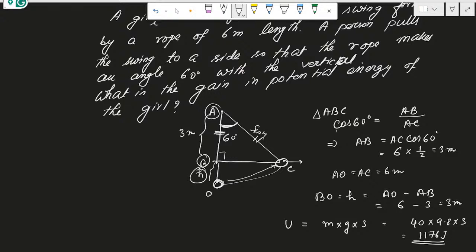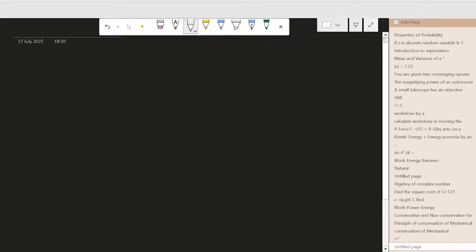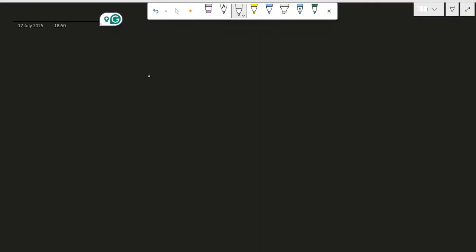Now, here's another type of question. A little bit different, but this type of question, most of the time, we can see in various papers. Let us try it. A hemisphere is there.